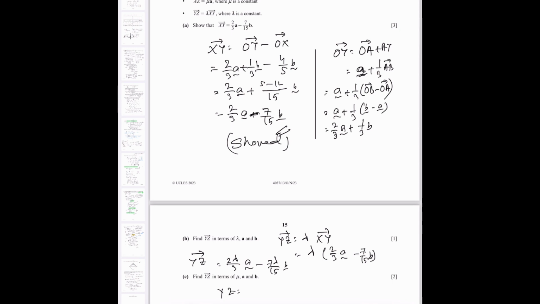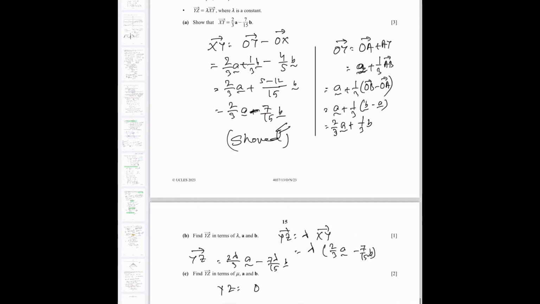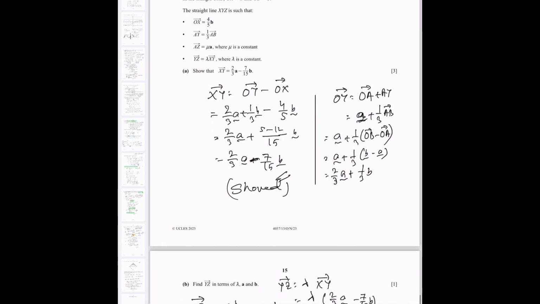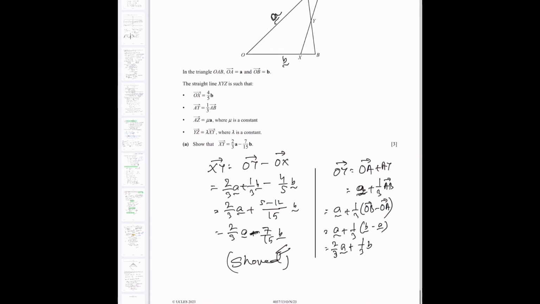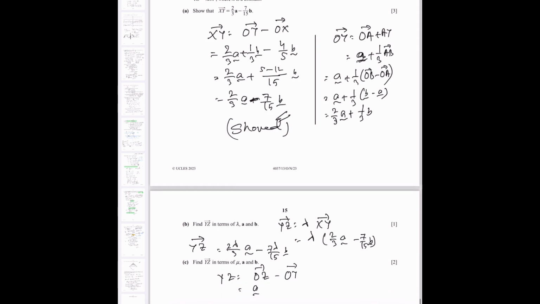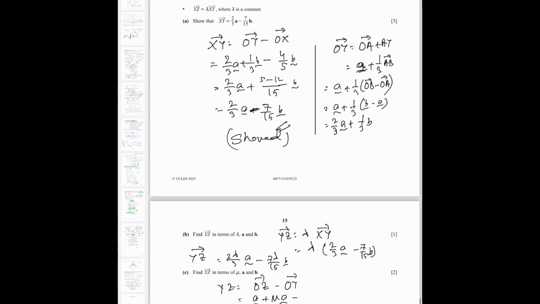Another YZ will be in OZ minus OY. OZ is a, then AZ, mu a, so a plus mu a, minus OY.